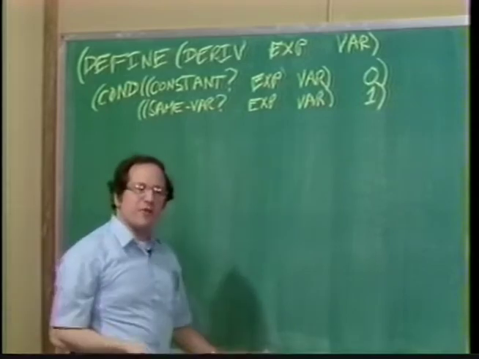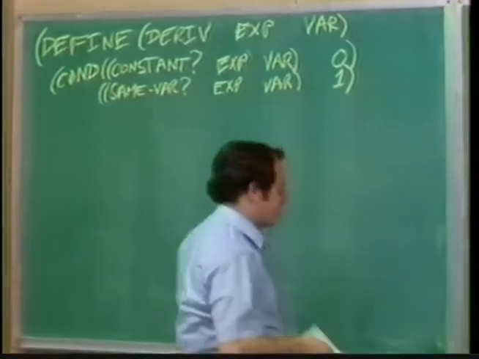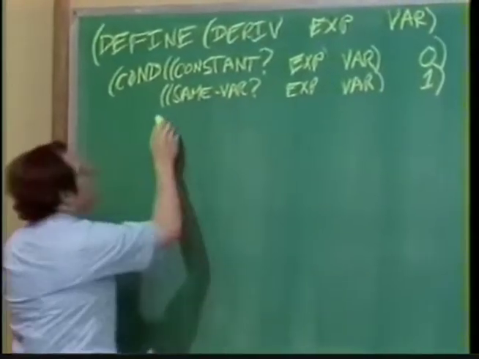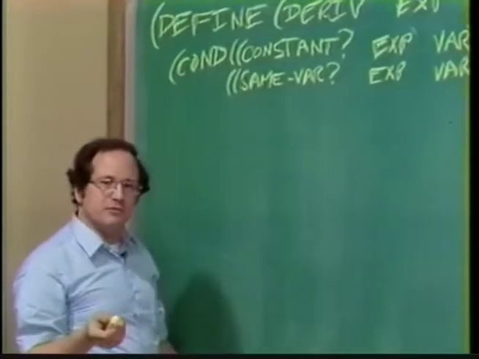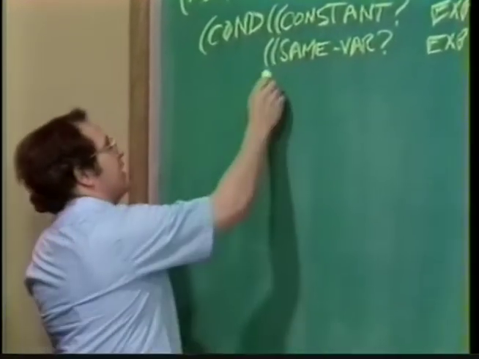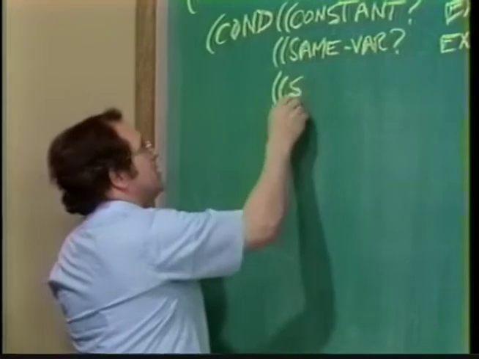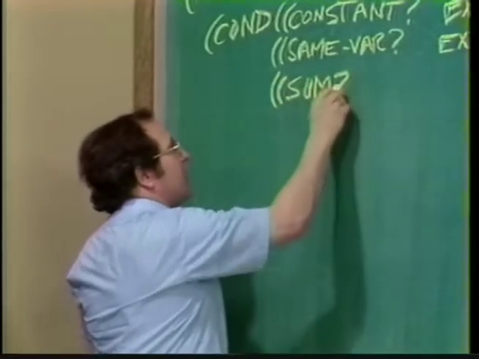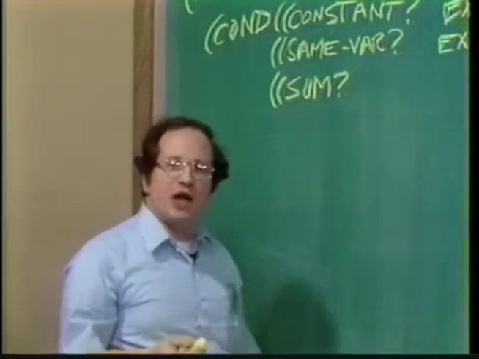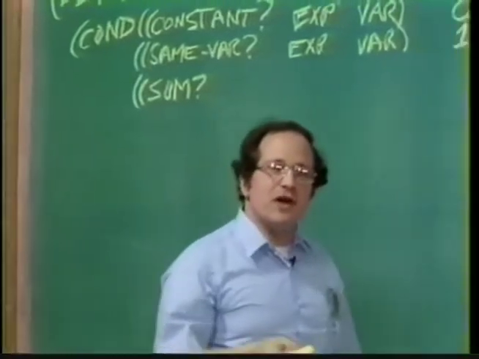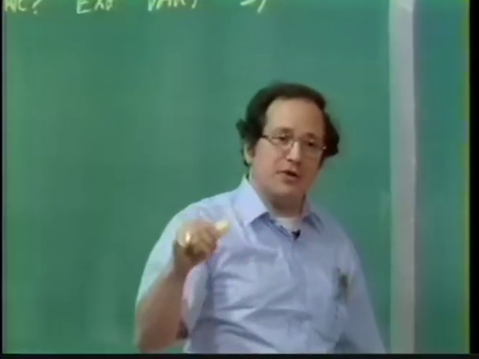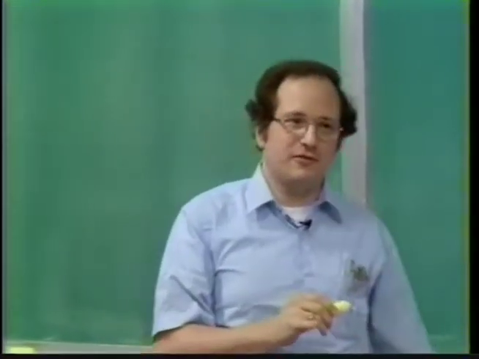Well, now there are a couple of other possibilities. Okay? It could, for example, be a sum. Well, I don't know how I'm going to express sums yet. Actually, I do, but I haven't told you yet. But is it a sum? I'm imagining that there's some way of telling. I'm doing a dispatch on the type of the expression here.